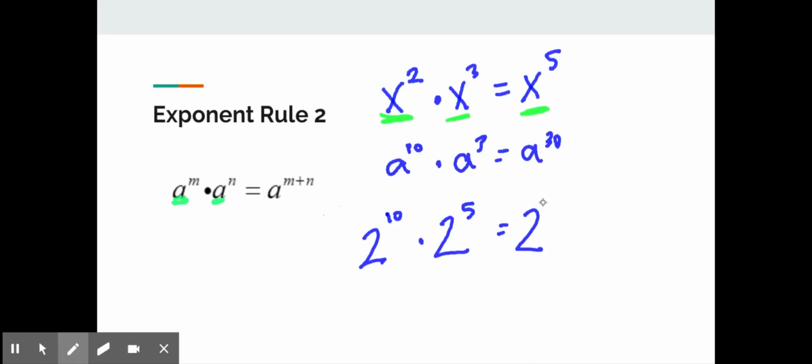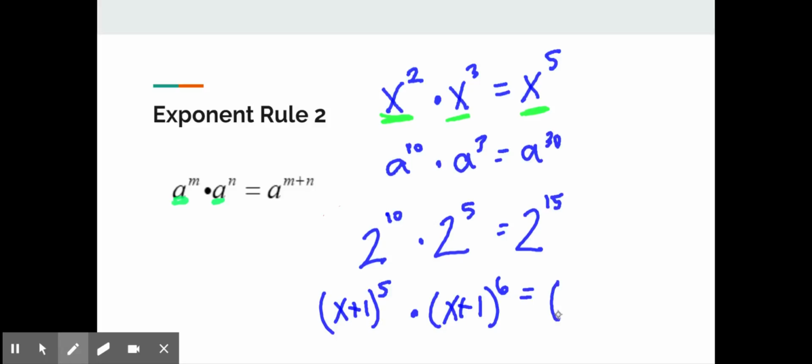You would just add those exponents together to simplify it. You could have x plus 1 to the 5th power times x plus 1 to the 6th power. And I'm making these more complicated on purpose so that you can see, even when we change our base to be something that looks super complicated, we are still going to keep the same base. You just add those exponents together.